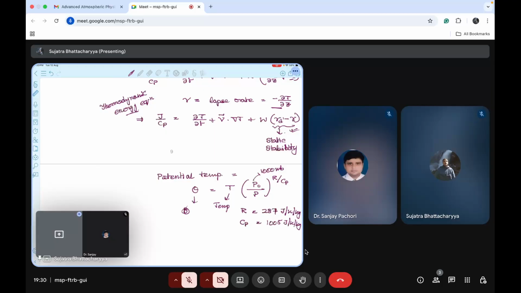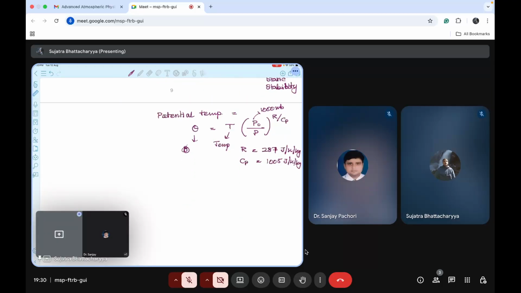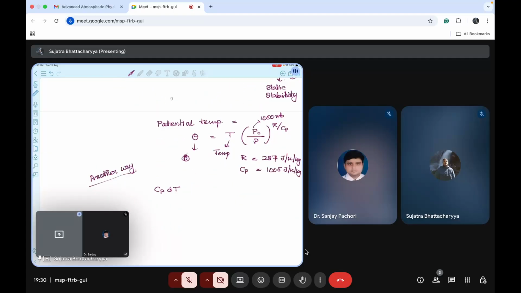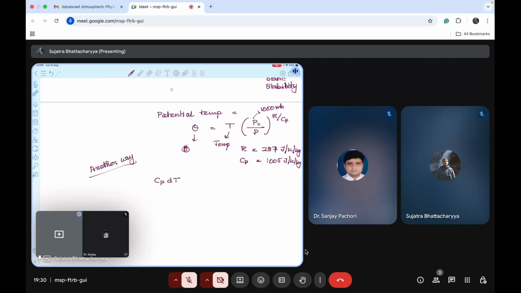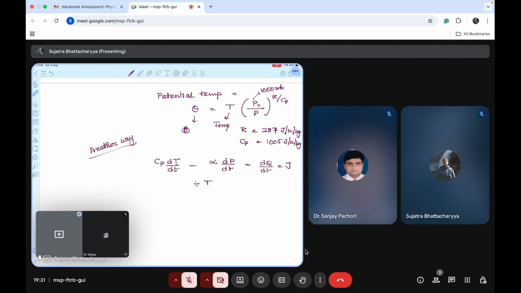Based on this, the thermodynamic energy equation can also be written in another form. Let's see. What we started with is Cp dT by dt minus alpha dp by dt equal to dq by dt, which is nothing but J. We have already seen that. One of the ways is this, where you can see the temperature involvement. Now what we are doing is dividing by temperature.